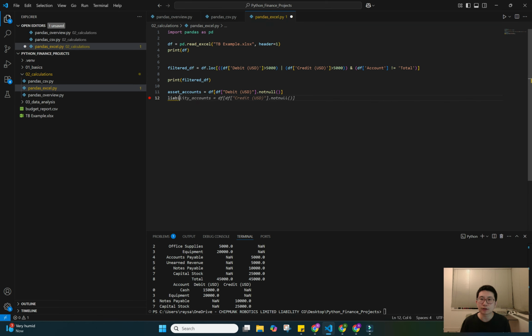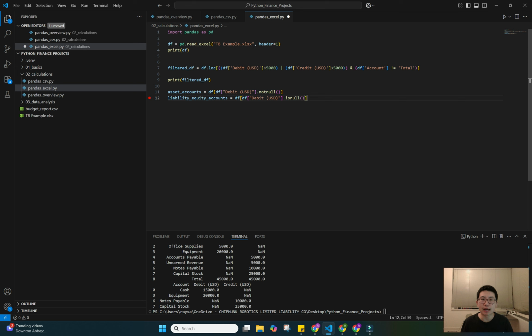Similarly, I can create the liability and equity accounts, essentially using the credit balance. But this time, I can still use the debit USD balance, and instead of using notnull, I could use a different method, isnull.